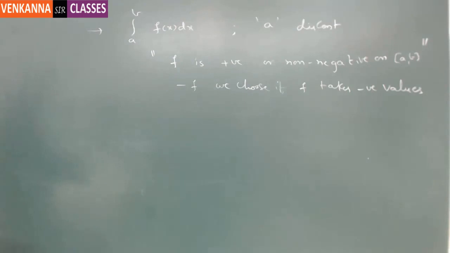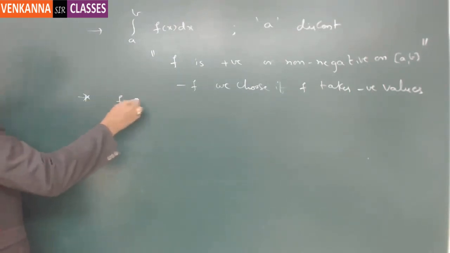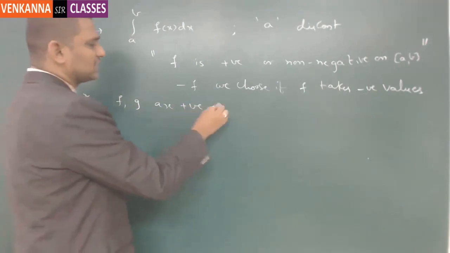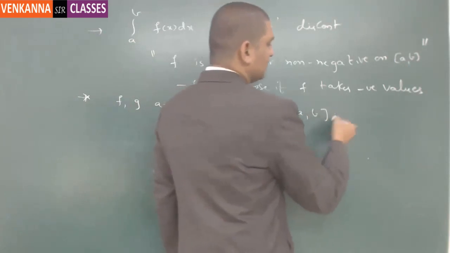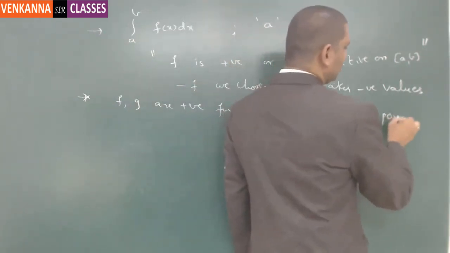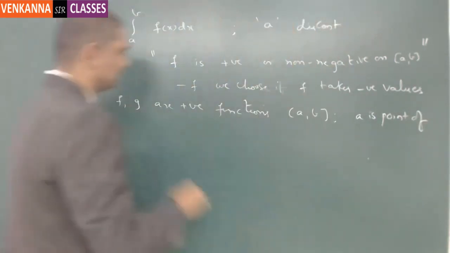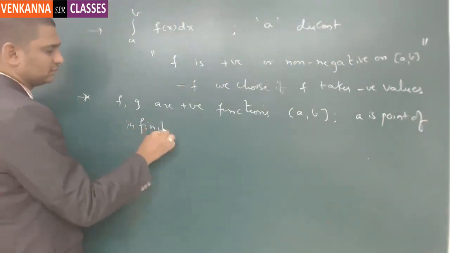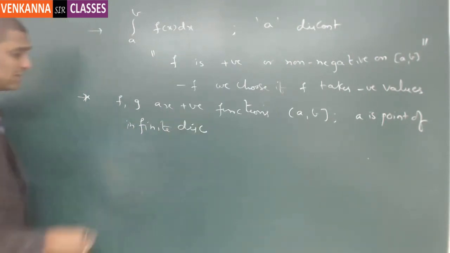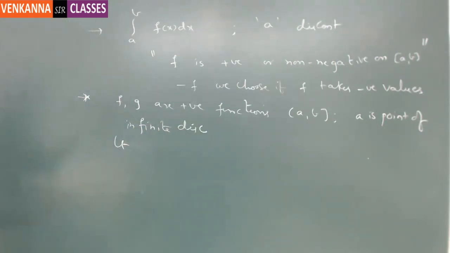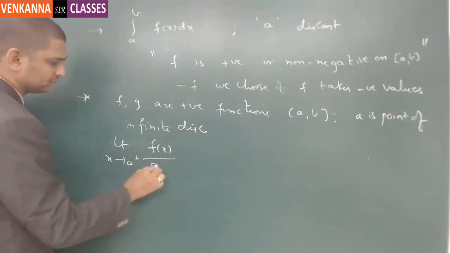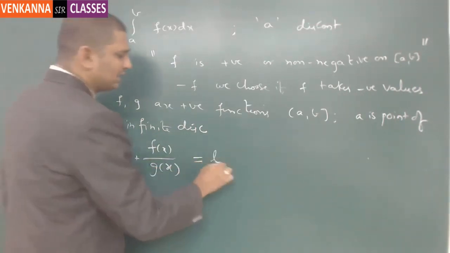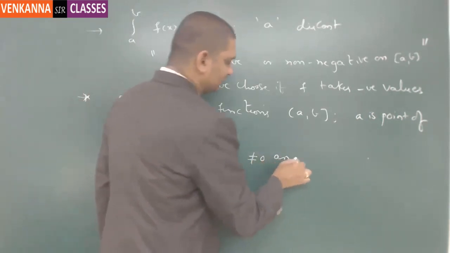It is given that f and g are positive functions on ab, a is the point of infinite discontinuity, and you consider limit x tends to a plus f of x by g of x, equal to L, which is not equal to 0 and finite.